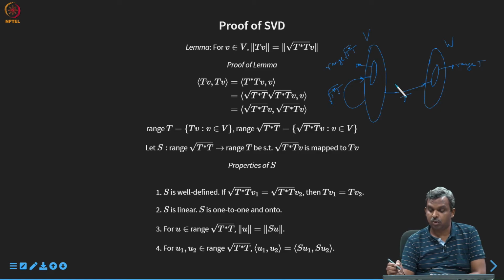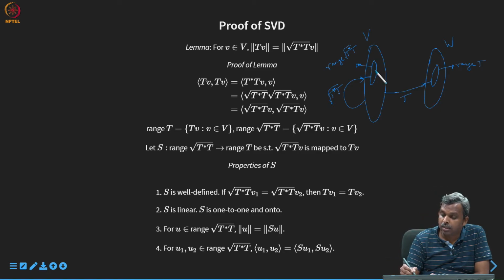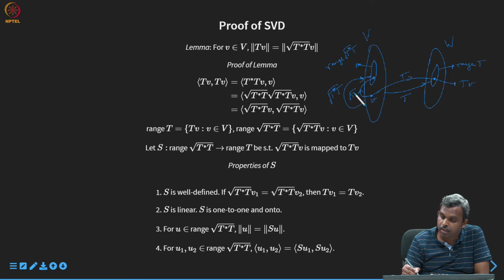If you like pictures, you can keep that in mind. And what is this mapping? If you have a V here, V goes to something like this under T, so this would be T V. And this V would go to some place here under square root T star T, so this point would be square root T star T V. And what is S going to do?